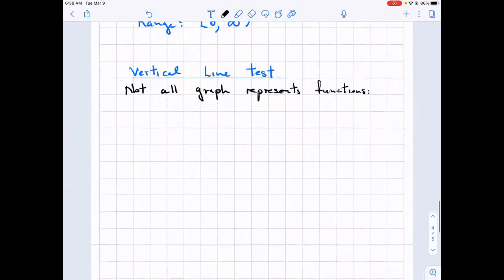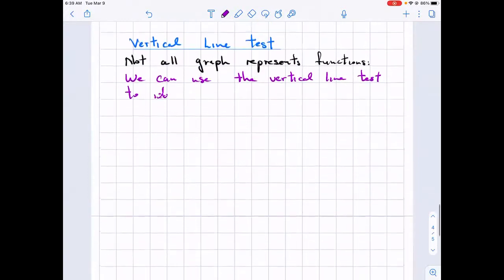And we can use the vertical line test to identify if the graph represents a function.